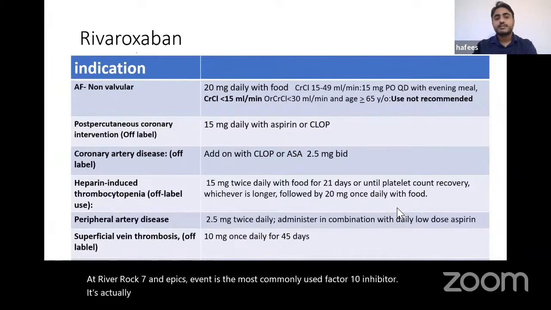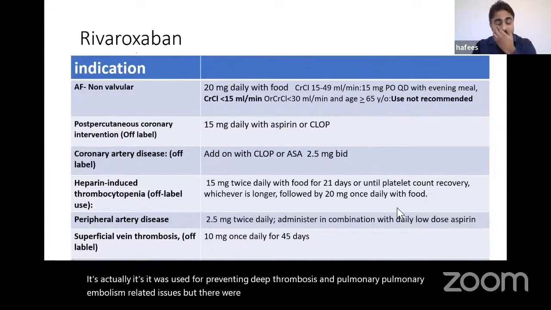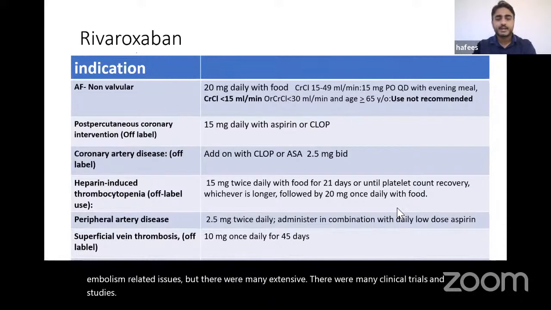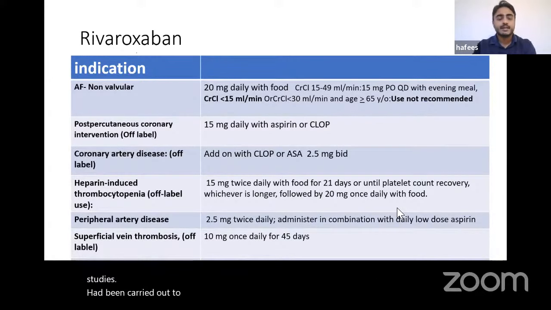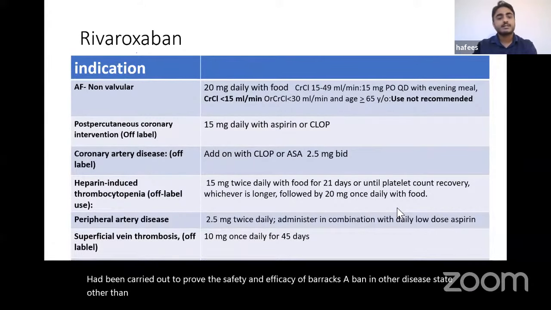It was used for preventing deep vein thrombosis and pulmonary embolism related issues. But there were many clinical trials and studies carried out to prove the safety and efficacy of rivaroxaban in other disease states other than this traditional use.